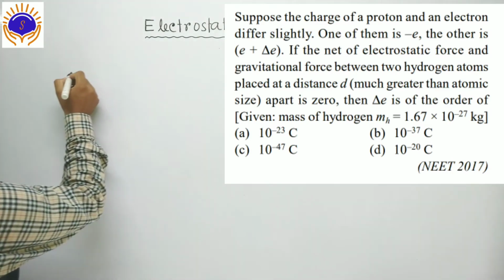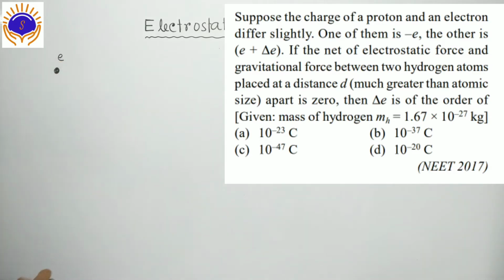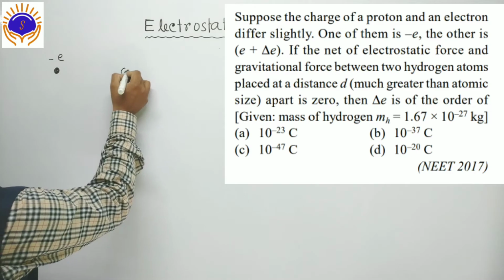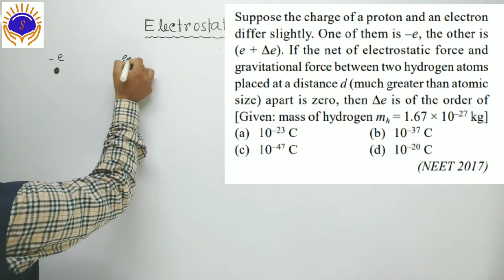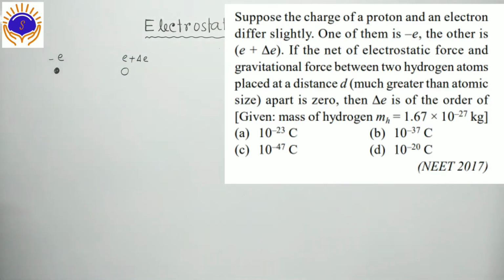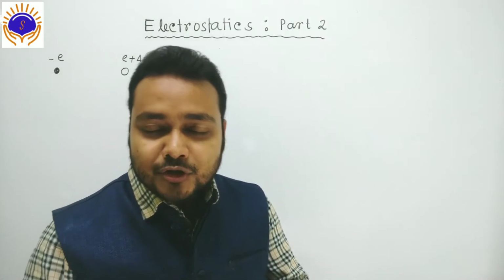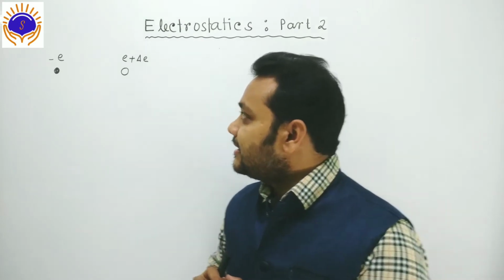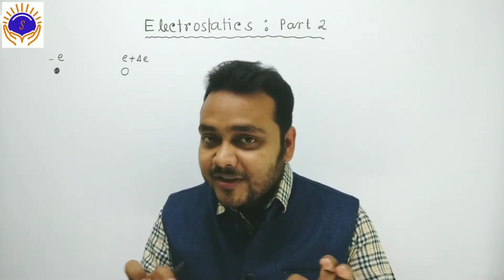Suppose this is an electron and the charge of the electron is minus E, and this is a proton. Okay, and the charge of the proton is E plus delta E. In general, we know that the charge of an electron and the charge of a proton are the same, but in this case they are not the same.